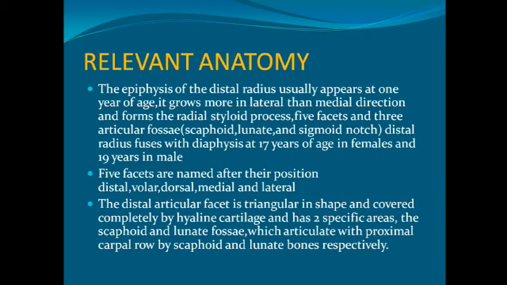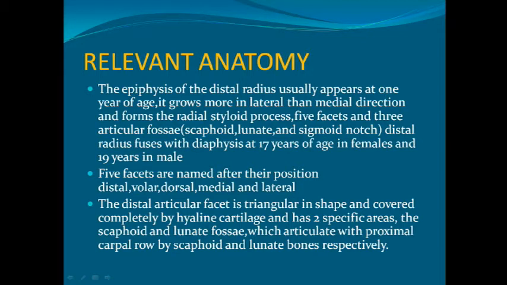So I will just refresh some relevant anatomy for the distal end radius. It is very important for your exam and for your practicals. The epiphysis of the distal end of radius usually appears at 1 year of age. It grows more in the lateral than medial direction and forms the radial styloid process.